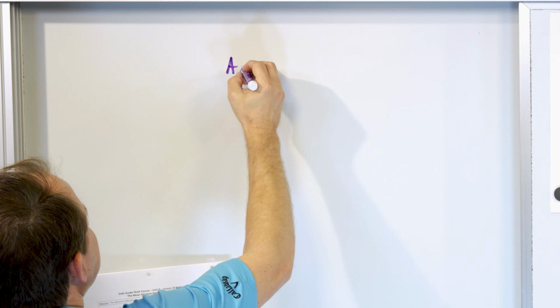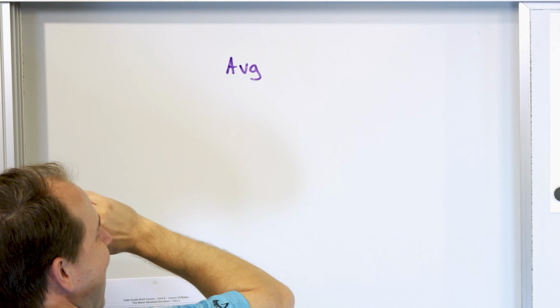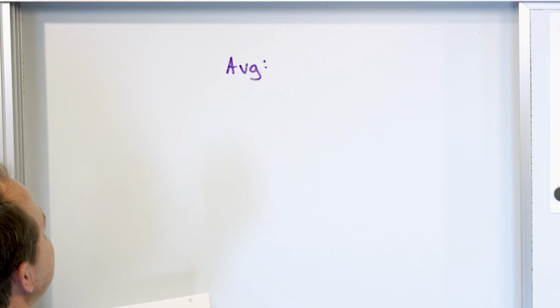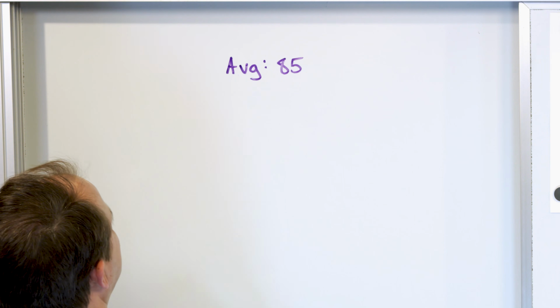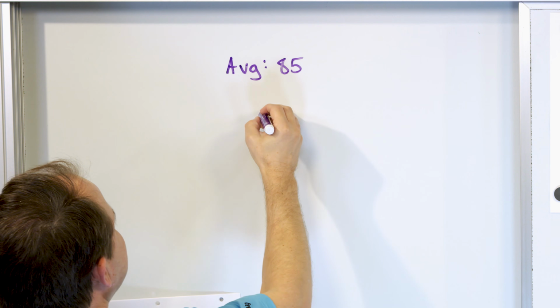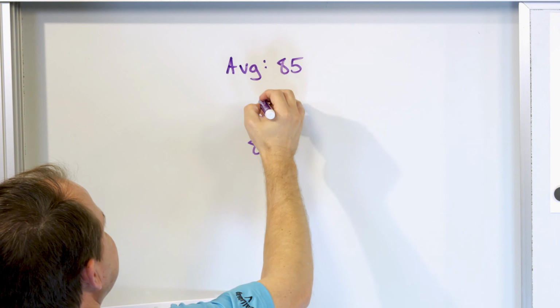Just to illustrate the point, let's take two situations. Let's say you take an exam and the teacher calculates that the average score for that exam is, let's call it 85. So somewhere on a scale here is 85. That's the grade, and this is the average.